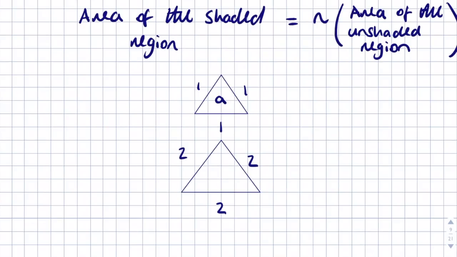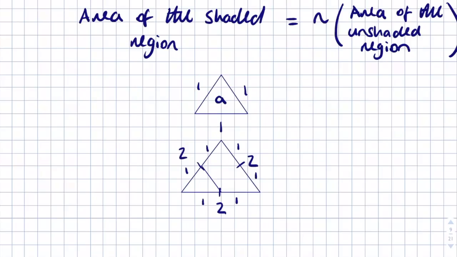If we cut each of the lengths in half, each side length is going to be 1. So we can draw some equilateral triangles with side length 1 inside this larger equilateral triangle with side lengths 2.